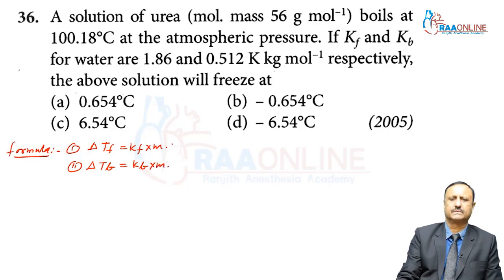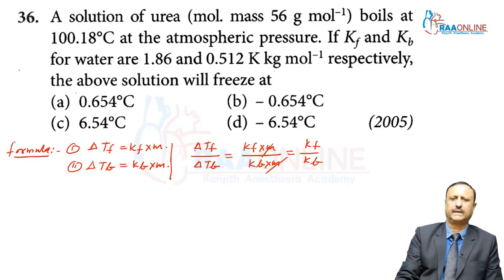Now when we divide equation 1 by equation 2, we get delta Tf upon delta Tb equal to Kf into small m upon Kb into small m. So you get Kf upon Kb.